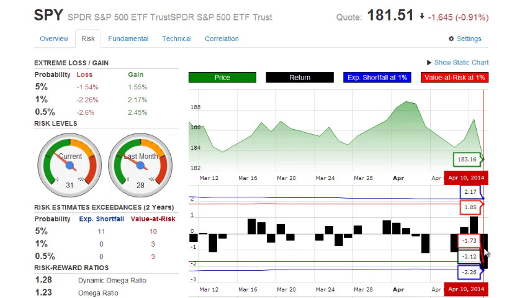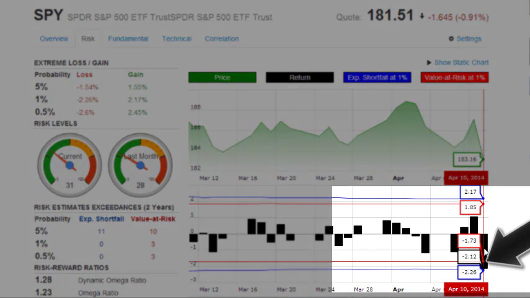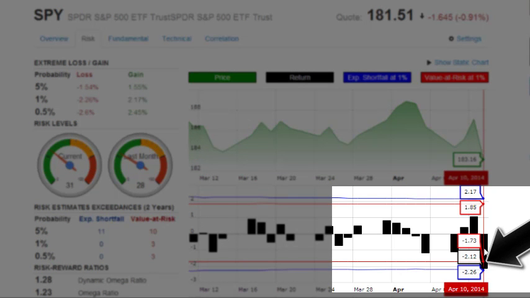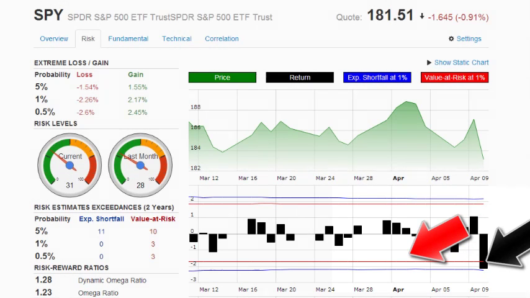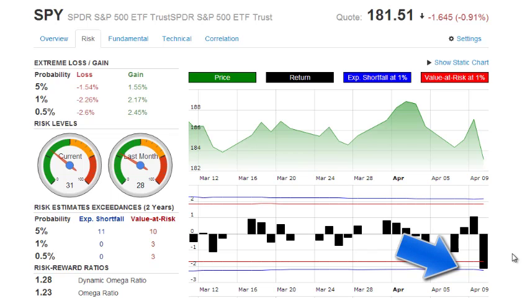On April 10th, the return of SPY was minus 2.12%, which is below the red value at risk line. This is an exceedance. Note, this is not an exceedance for the risk level predicted by the blue line.